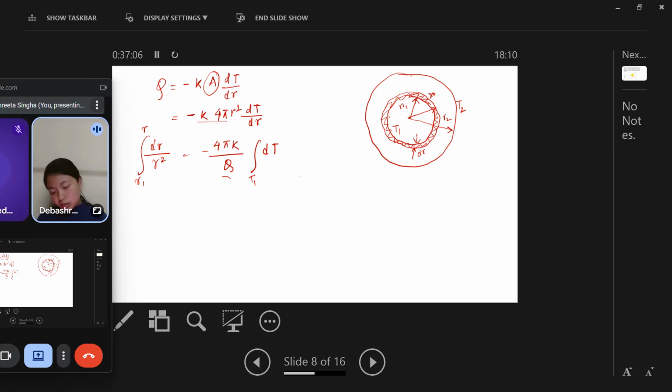So we integrate from T1 to T, where at the arbitrary r the temperature is T. What you get if you integrate is minus 1 by r from r1 to r, equals 4 pi k divided by q, times T minus T1.